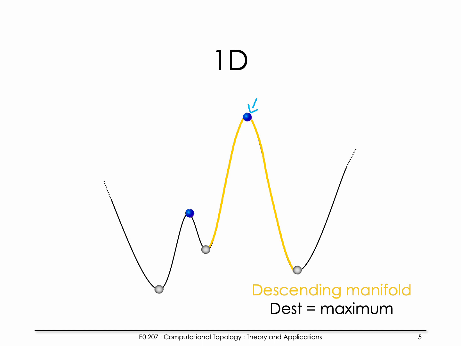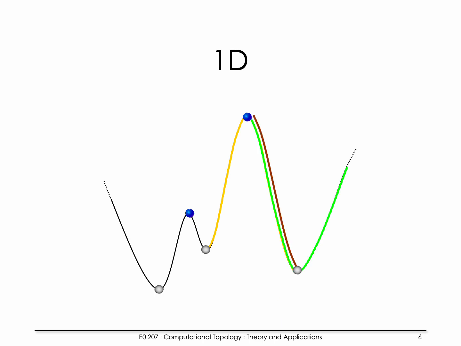Let's look at the descending manifolds here. If I associate such a descending manifold or a curve for every maximum, then I can partition my domain. Now I can take this one step further and overlay the descending and the ascending manifold, all the mountains and the valleys.